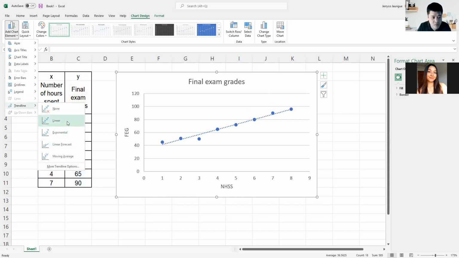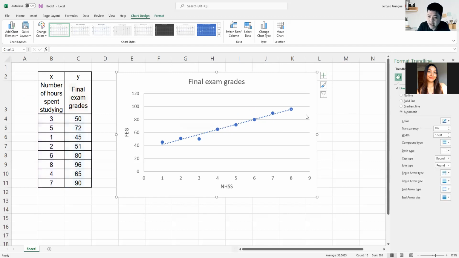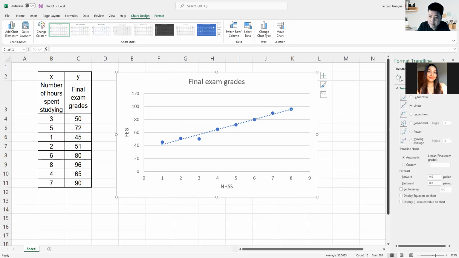But we just want the linear. So, ito rin yung red line kanina sa GeoGebra. You can double click this, and then you will have this format trend line option here. You can go to the several options. Dito tayo pumunta para makita natin yung equation and R squared on chart.